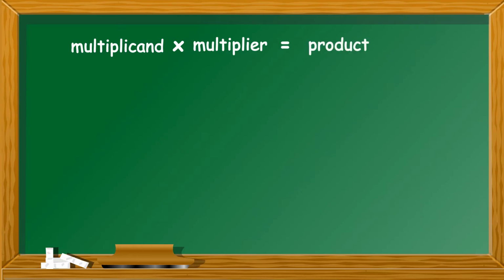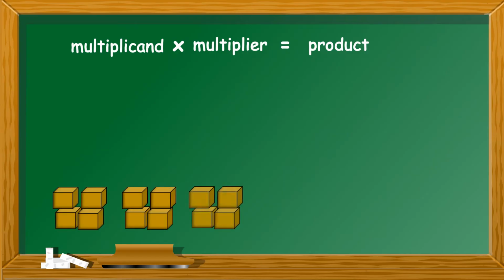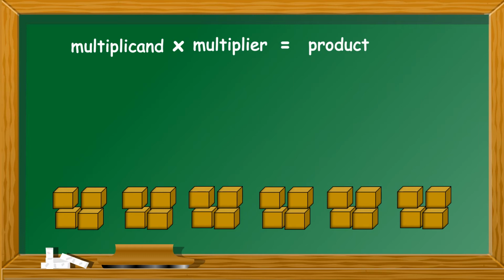Now you know that the terms of multiplication are multiplicand into multiplier is equal to product. Next, we will learn the different ways to express a multiplication statement. For that, consider this example. You can see 6 groups of cubes with 4 cubes in each group. In order to find the total number of cubes, you will multiply the 6 groups into the 4 cubes in each group.